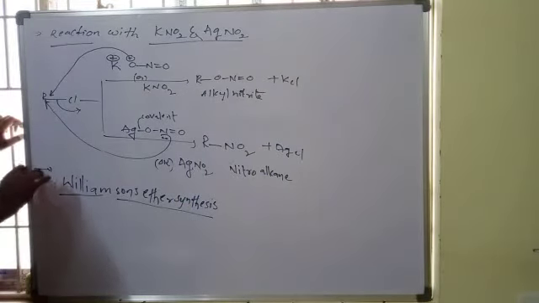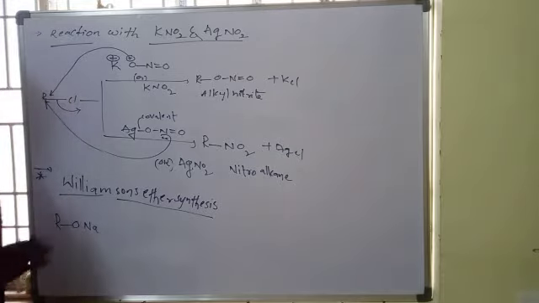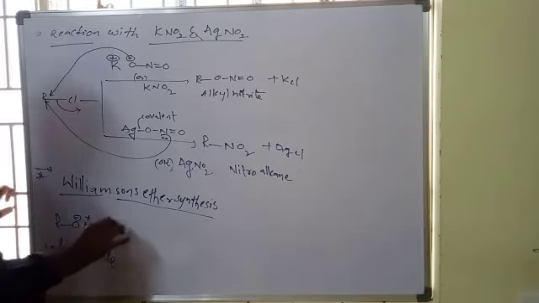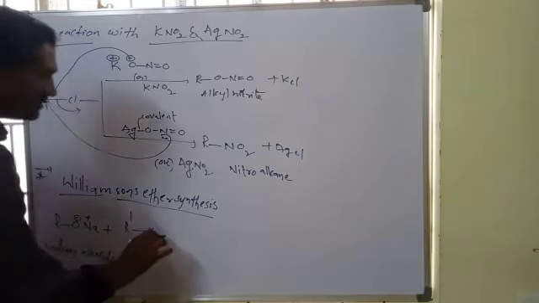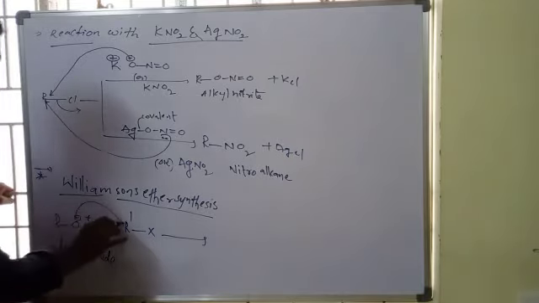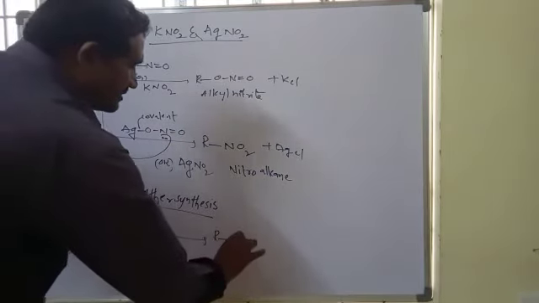Sodium or potassium alkoxides, sodium alkoxide, when they react with alkyl chlorides, then R will attack and X will be eliminated. The products are the ethers.